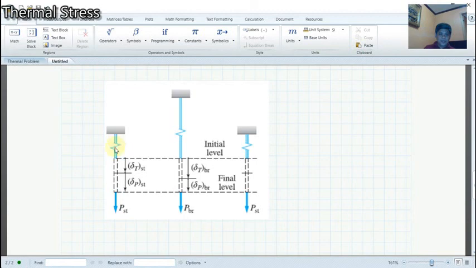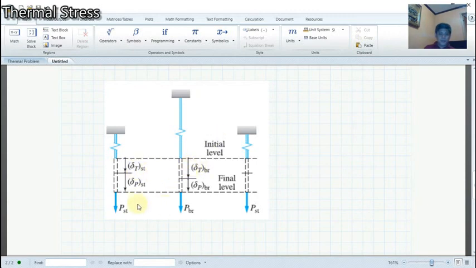So the steel rods will elongate by this amount, and also the bronze rod will elongate by this amount. Definitely, because the coefficient of thermal expansion for the bronze rod is greater than that of the steel, we'll be expecting a much greater amount of deformation due to the temperature.